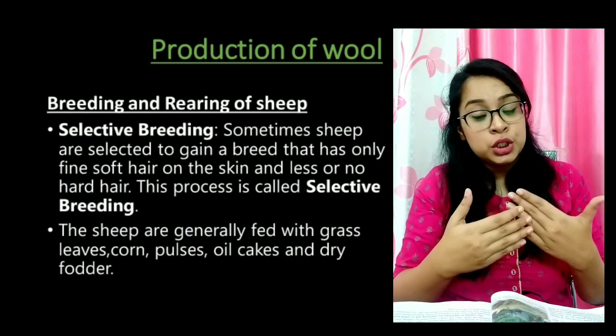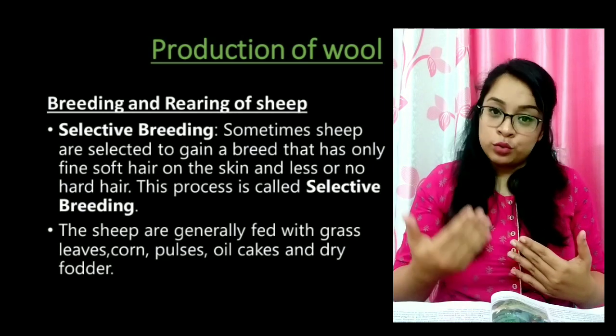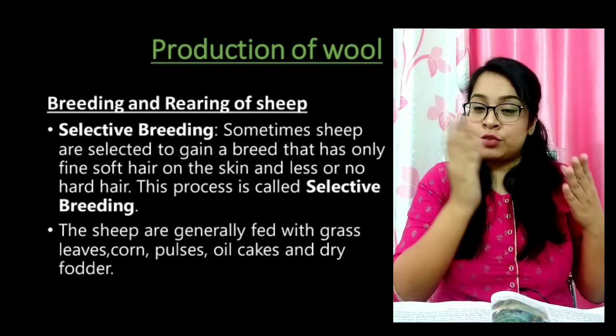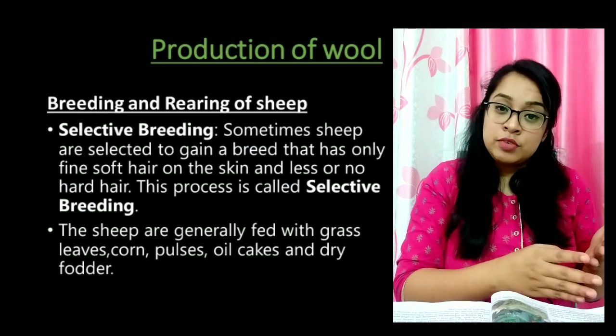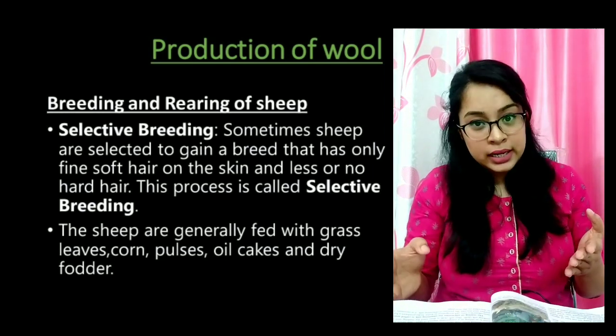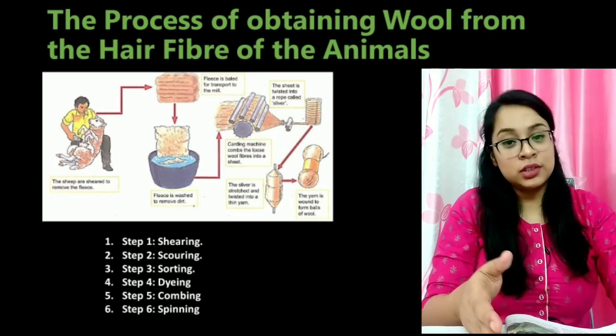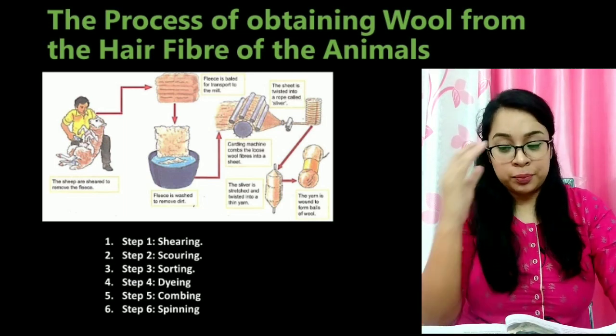So from that sheep we will get more wool. Before the process, we need to give them proper care and select the proper breed. Now we will jump into the process by which we get yarn from the fibers.